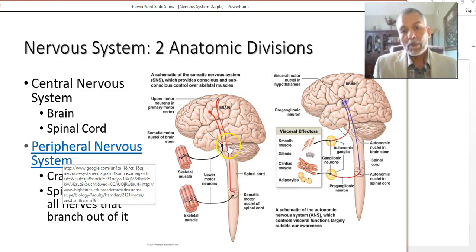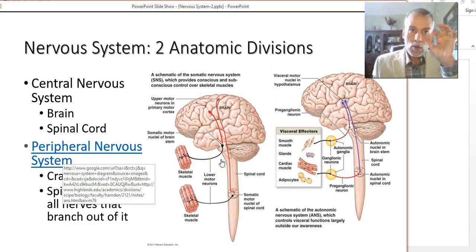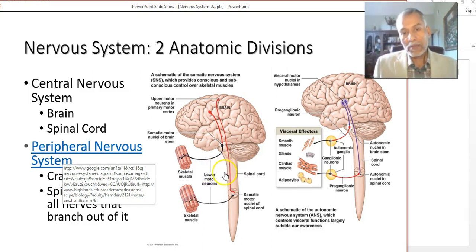And these 12 are called cranial nerves because their roots originate on the brain stem, and the brain stem is inside of the skull or the cranium. And then the other nerves that come out of the spinal cord are called the spinal nerves.